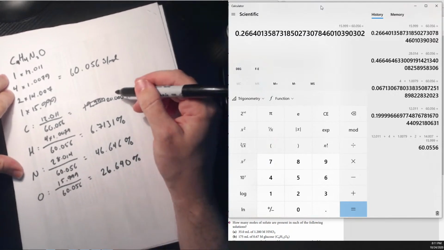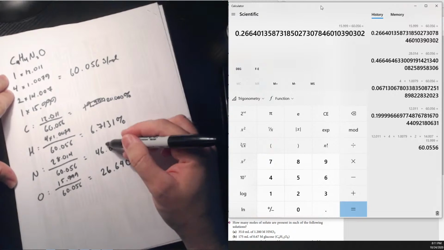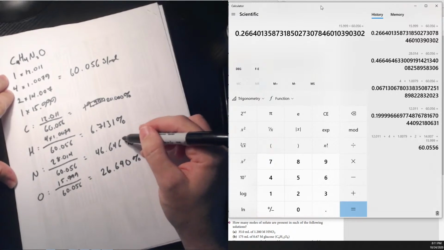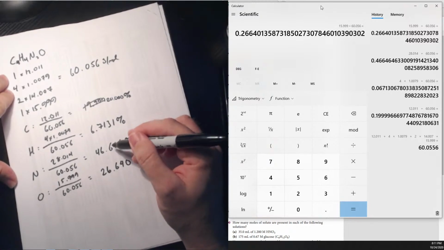That should add up to 100. So 20, 46, 72, 73.3-ish.